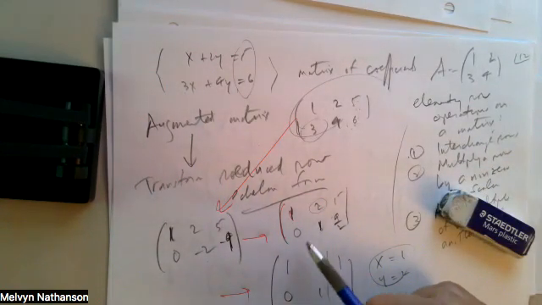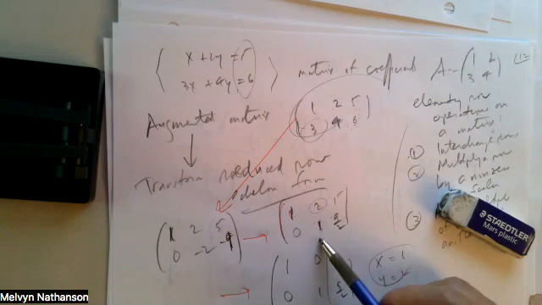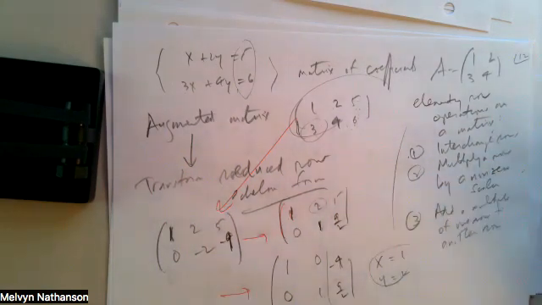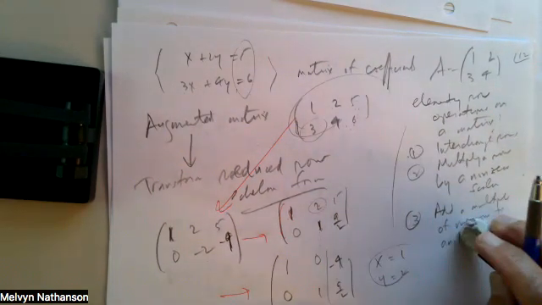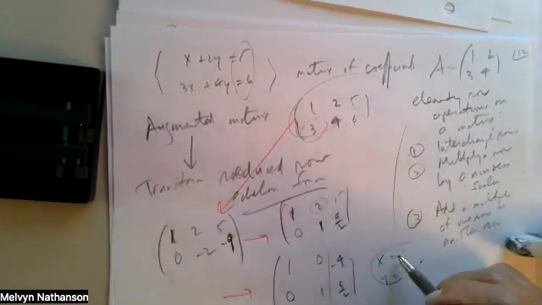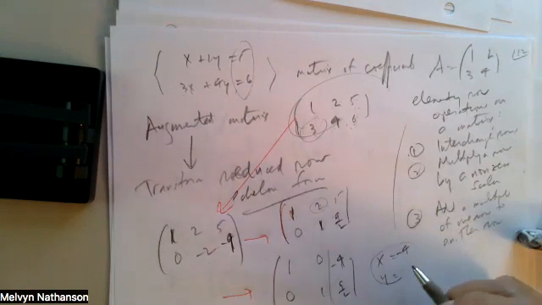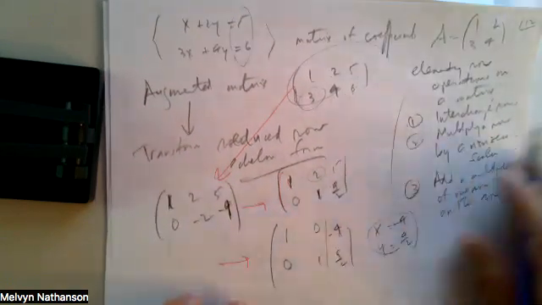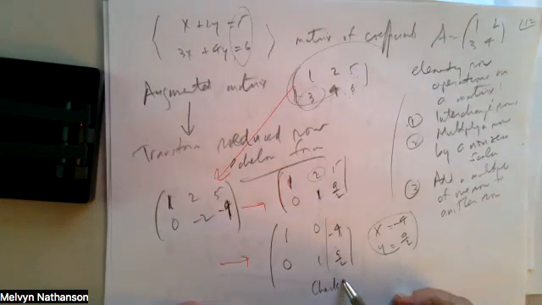And then when I take the first row minus twice the second, I get 2 minus 2. 5 minus 9 is minus 4. So if this is correct, the solution should be x equals minus 4, y equals 9 halves. Let me check if this is correct.